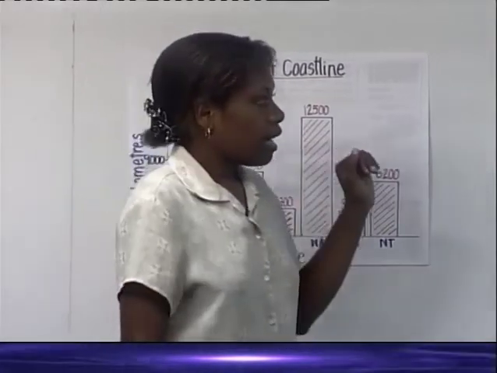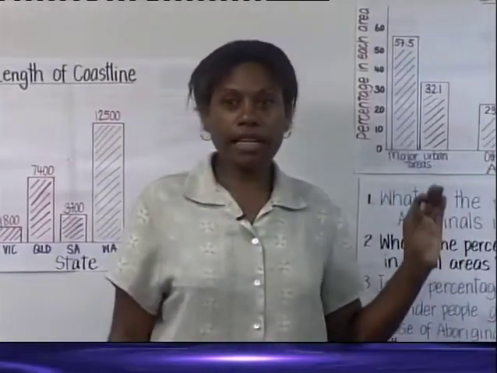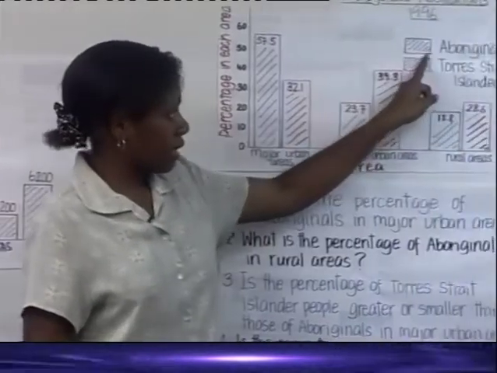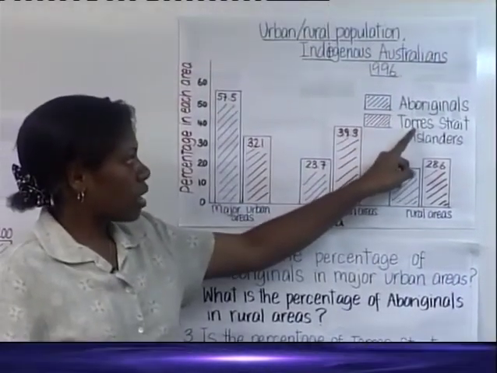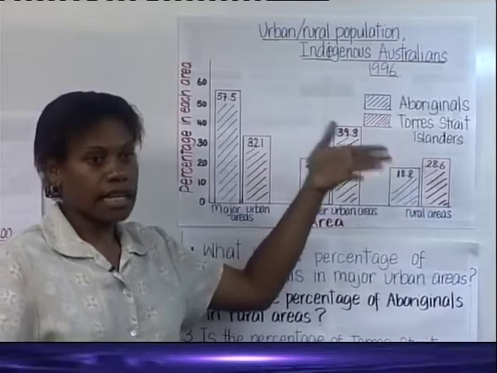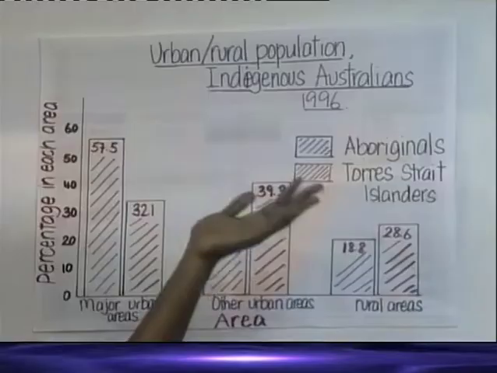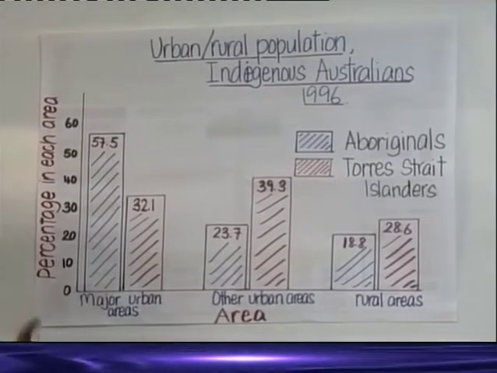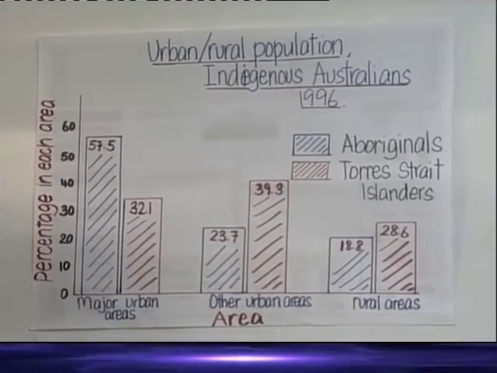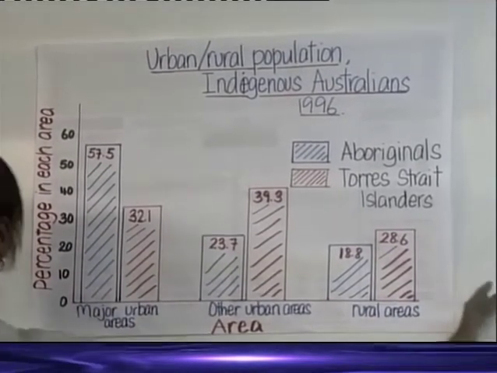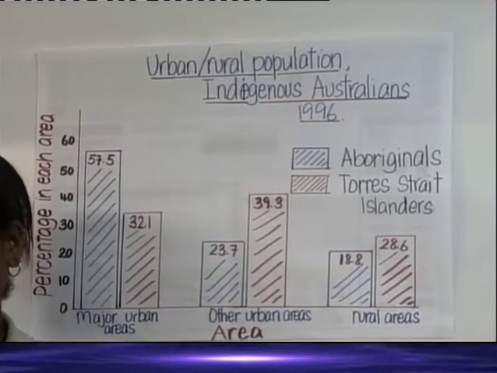All right. Indigenous Australians. So if you look here at this key, Aboriginals, Torres Strait Islanders, meaning native, natives, or we can say original inhabitants of a particular area.